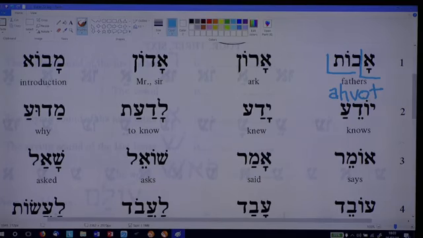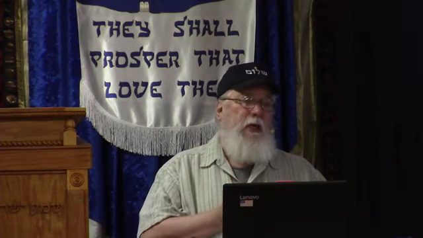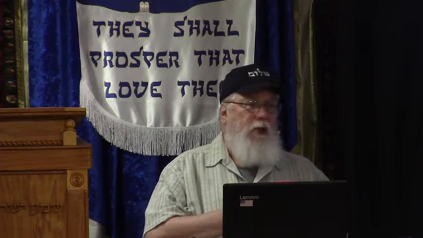That's not avat. It's avot, and it means fathers, the plural of fathers. Av is a father. Avot is the plural. Now, for those that have been paying attention to other stuff, you will notice that, hey, wait a minute. You said once before that im at the end of a masculine word makes it plural, so it should be avim.